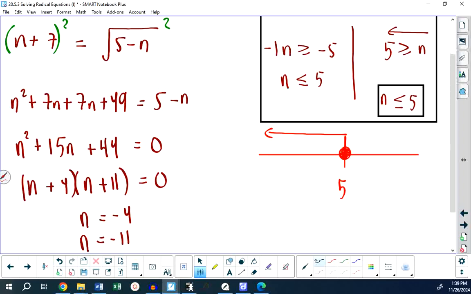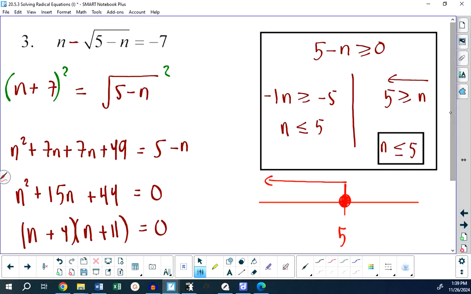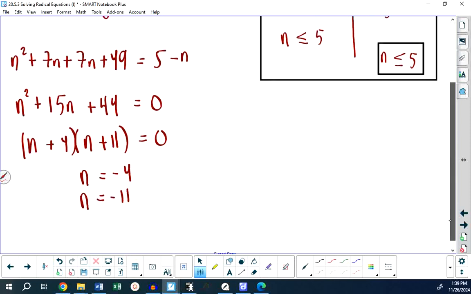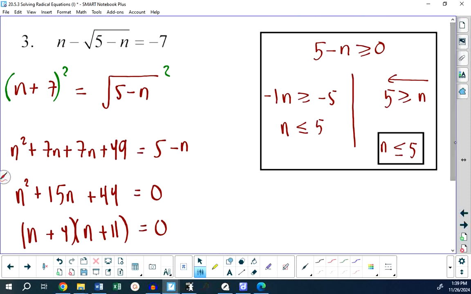Is -11 in that domain? Yes. Okay. Are they both solutions? Well, I don't know. Just because they're in the domain doesn't mean they are solutions. We need to look at the original equation up here. And I'm going to start off with the, what did I say, -4 and -11. I'm going to start off with -4.